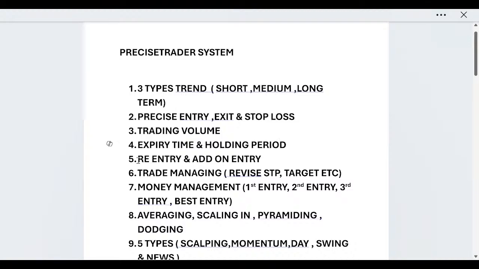Then of course we would also do a re-entry and add-on entry. Our system will also help you to take an entry, add-on entry, re-entry, when we get stopped out or take profit, we always try to do that. And trade managing is something you need to do, which is revising your stop losses, revising your TP, and taking decisions.